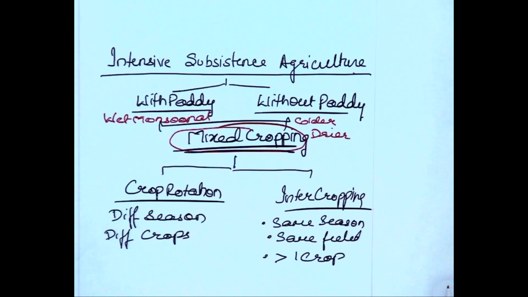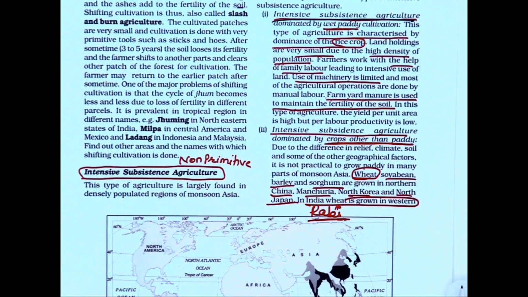Back to NCERT. Intensive subsistence agriculture dominant by paddy and intensive subsistence agriculture dominant by crops other than paddy.